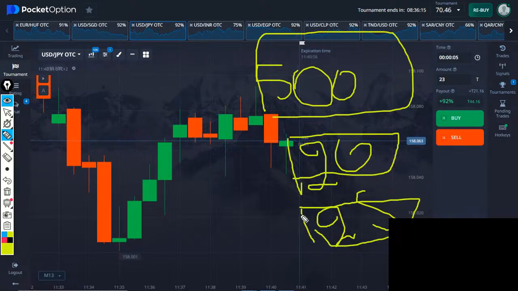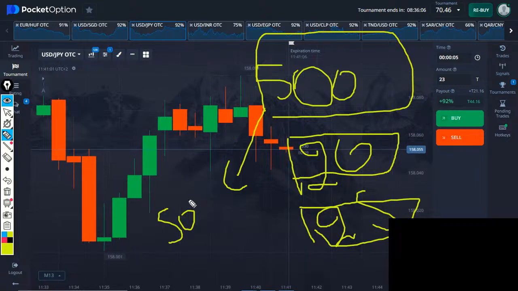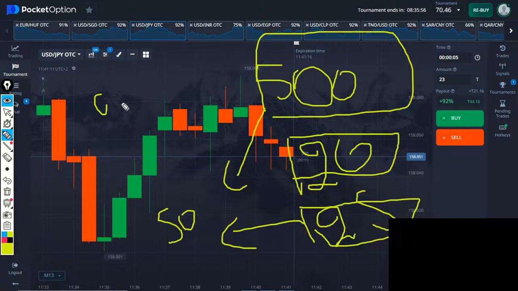Now a $50 stop loss for a $500 account is somewhat okay. You are still at 10%. I personally would use a 5% risk per day. So I would risk $25 and my goal is to make $25. So it's a one-to-one risk reward.